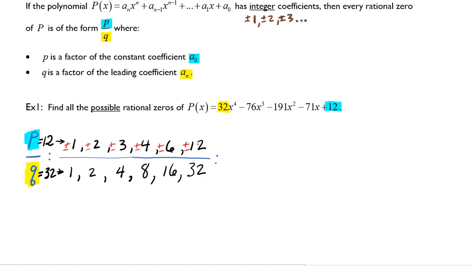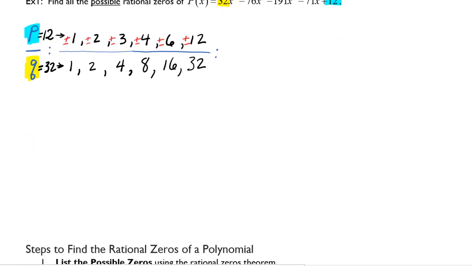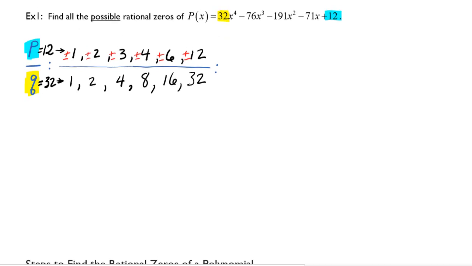So we have to list all the possible rational zeros, and I'm just going to do this in a very methodical way. I'm going to start with the first numerator value, and I'm going to list it off.